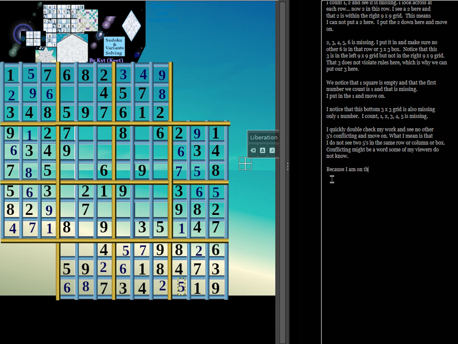Because I am on the bottom, I am going to continue and move over to the far left square in the very bottom.